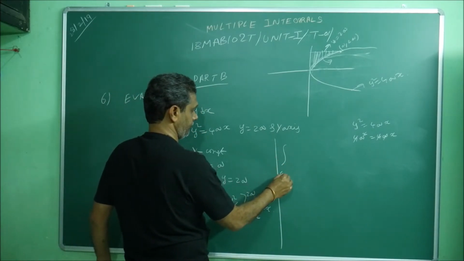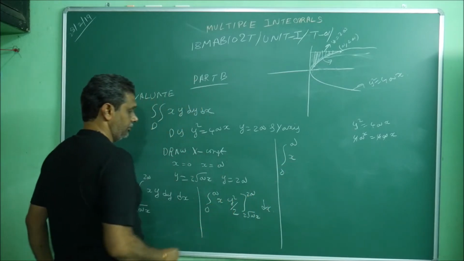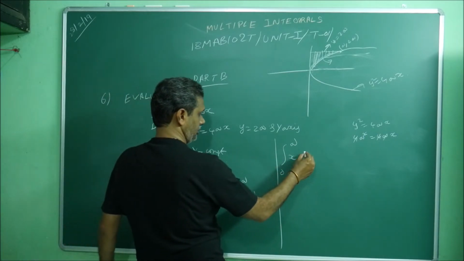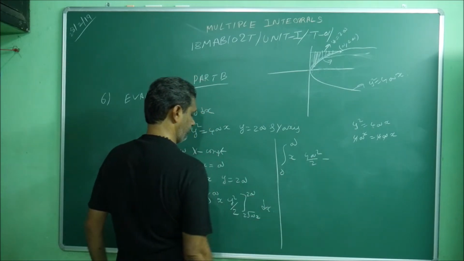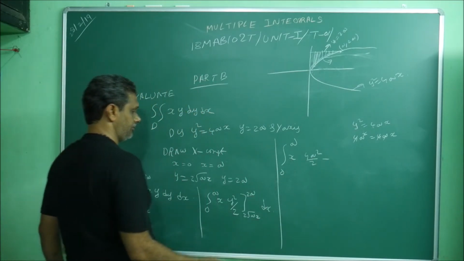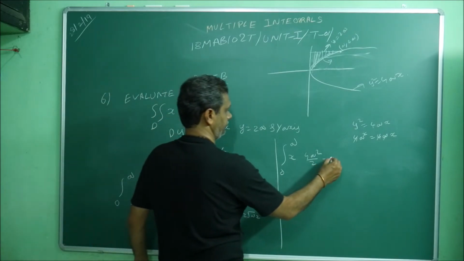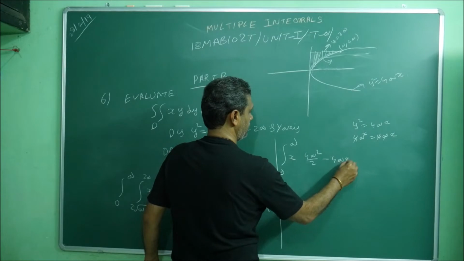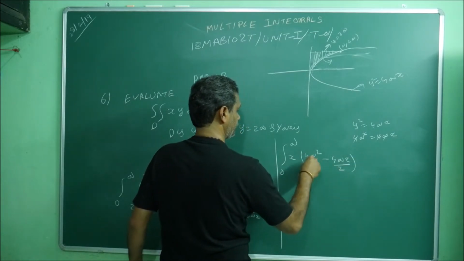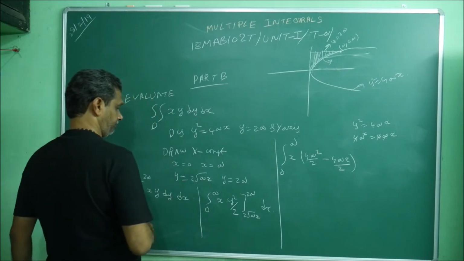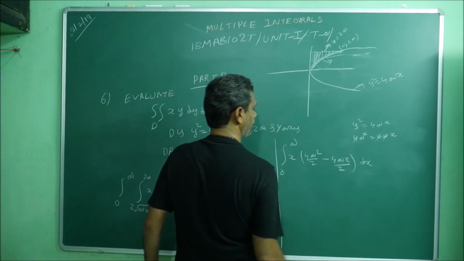Now 0 to a, apply the limit. 2a whole square means what you will get? 4a square by 2 minus upper limit. Upper limit if you apply means what? 4ax by 2. Any problem? Then this whole thing you want to do dx.